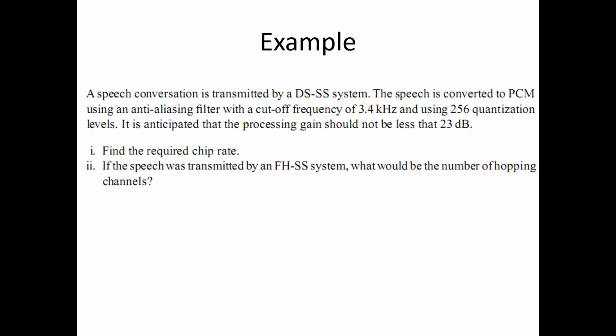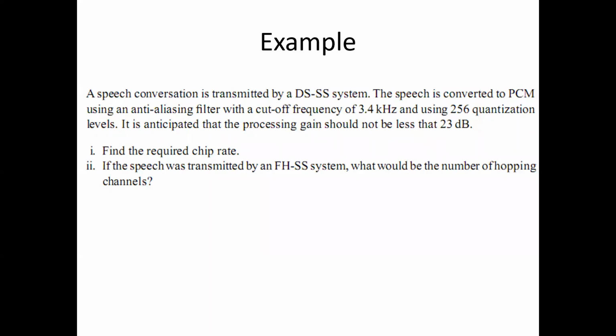Example number 4 in this lecture. A speech signal is transmitted using a direct sequence spread spectrum system.